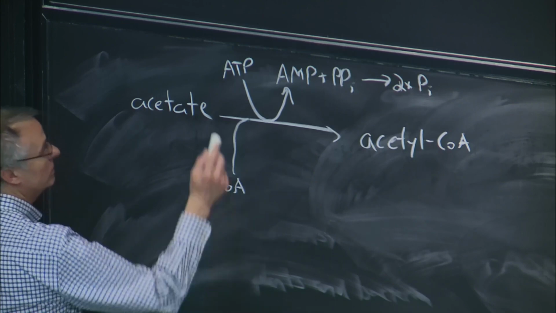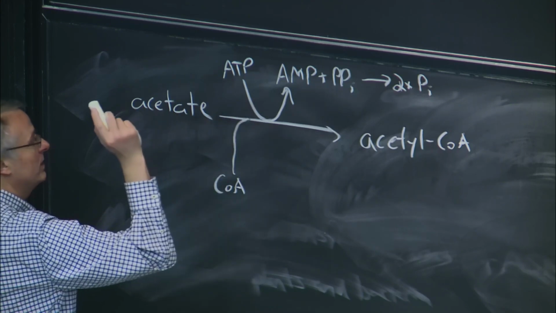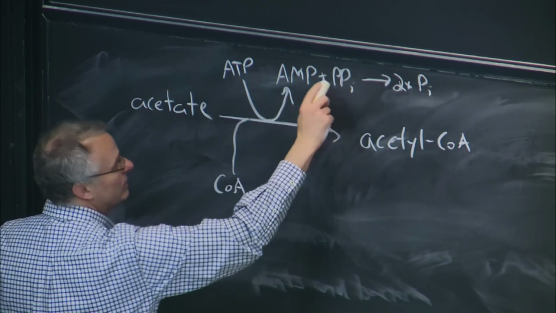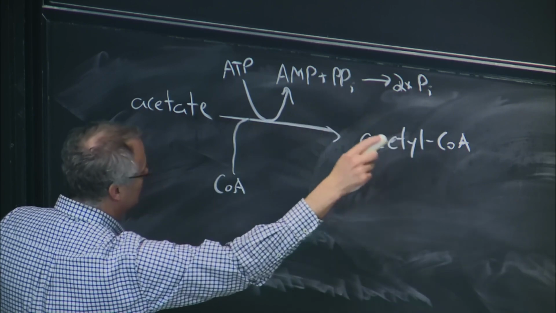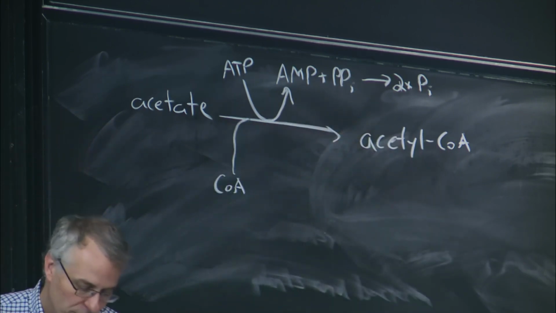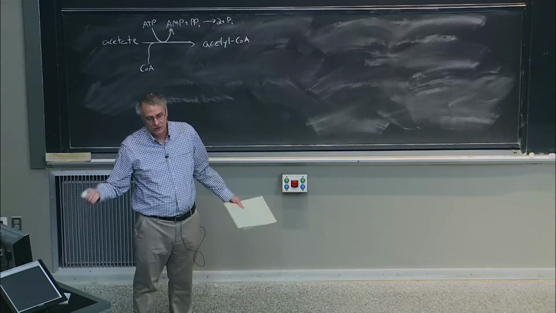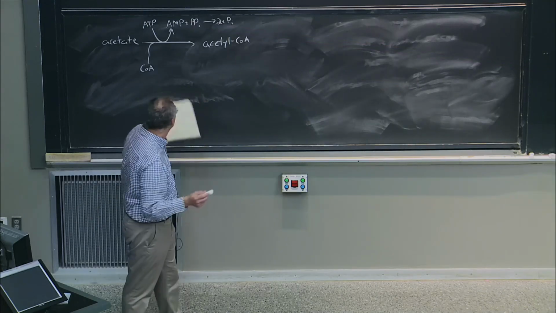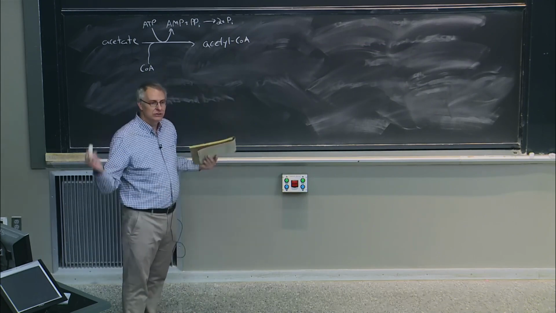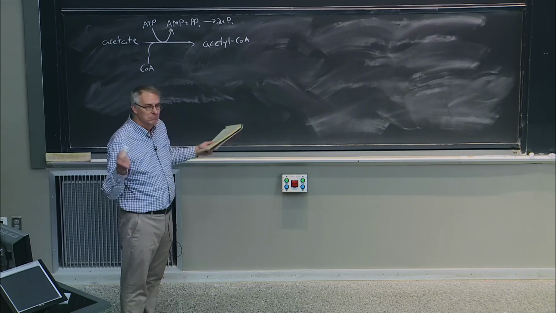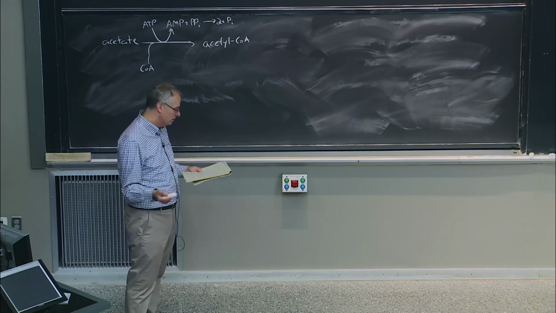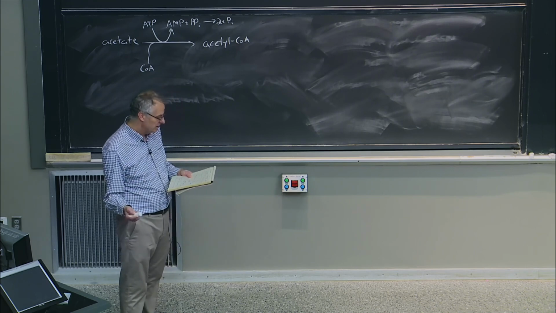We had this reaction where we used ATP, we added the AMP to it, and then the pyrophosphate can drive it forward with the two pyrophosphate molecules, and then take the AMP off and add a CoA group. If you look back in your notes, it's the identical reaction to how we made a fatty acyl-CoA. Well, there's also an enzyme that can act on acetate and do this to make acetyl-CoA, and that's great. It's a way to make acetyl-CoA in the cytosol if you start with acetate.